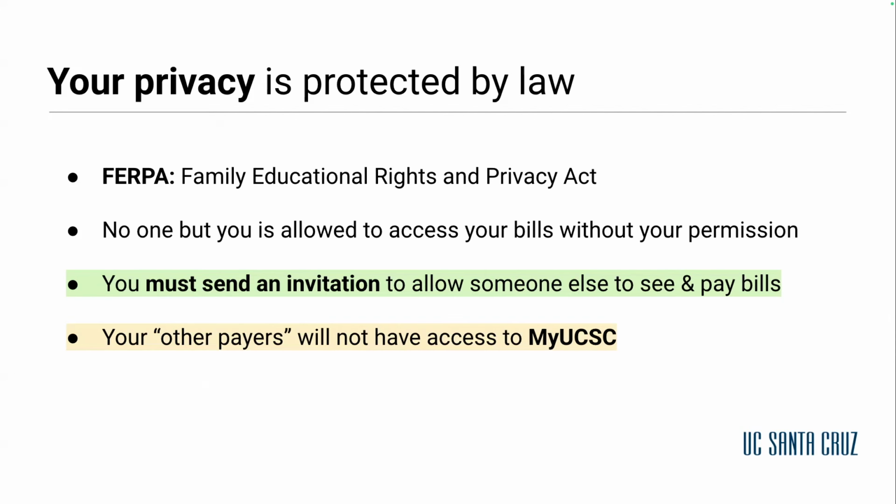However, when you send a payer invitation to someone, they'll be able to set up their own account on UCSC eBill ePay. Then they can view bills and receipts and make payments to your UCSC account. Other payer access is limited to eBill ePay and will not allow access to your MyUCSC portal.